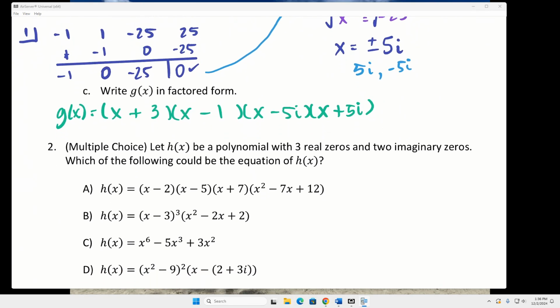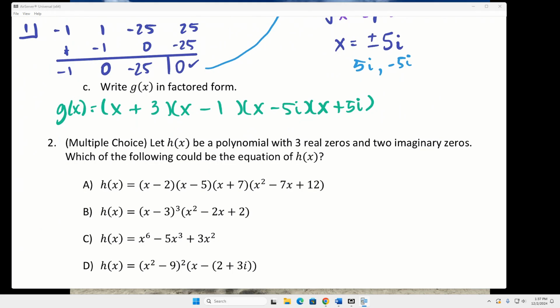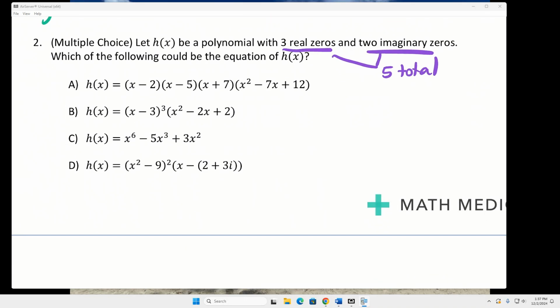All right, so on number 2, h is a polynomial with 3 real zeros and 2 imaginary zeros. So there's 5 total. Which of the following could be an equation for h? I'm going to start at the bottom and work my way up. Is D possible?